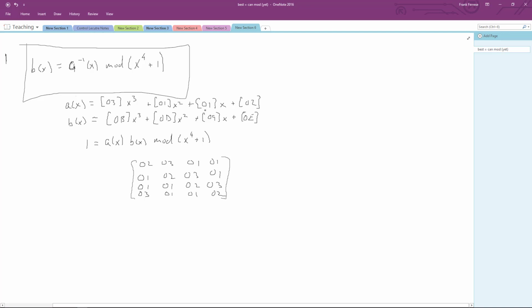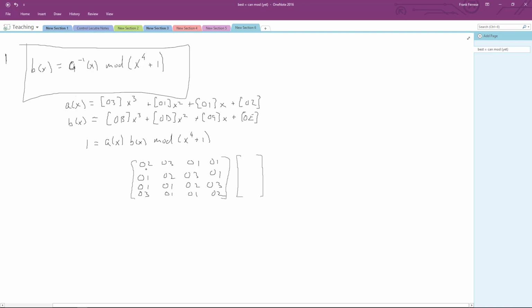Those numbers come from here. And now we can write this also as a vector, and then we can do multiplication. So I'm going to write this vector. 0E matches up with the x to the 0 term, right?